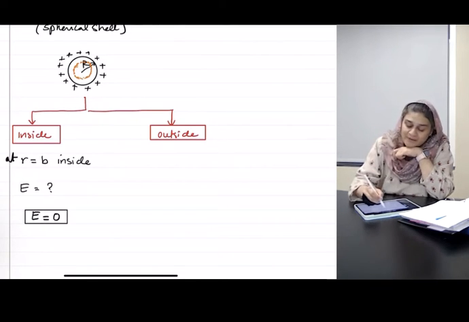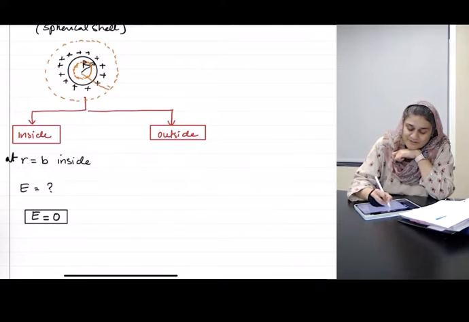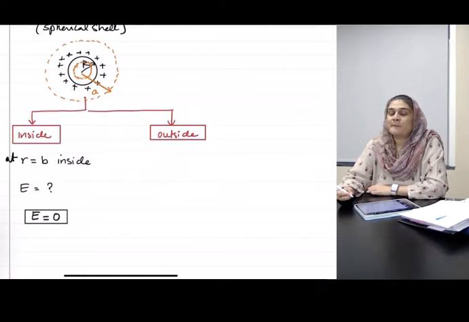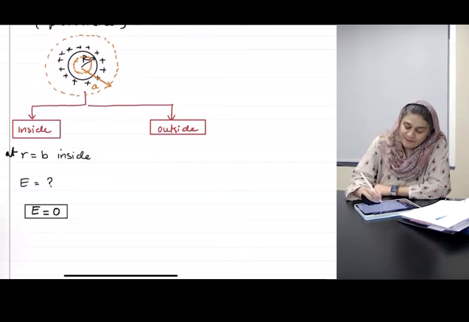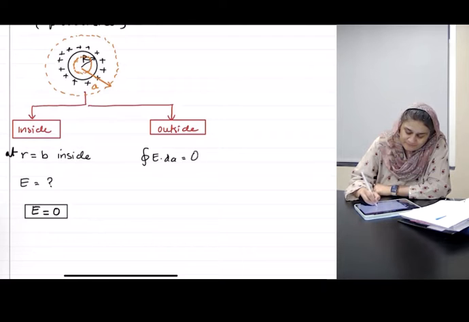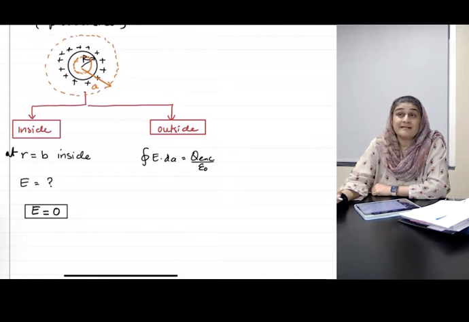Now, on the other hand, when I want to make my Gaussian surface outside, let's say of radius, I don't know, A, how will I do this? That can't be 0, can it? Nope. So first of all, I have to write my Gauss's law. This is a spherical surface.